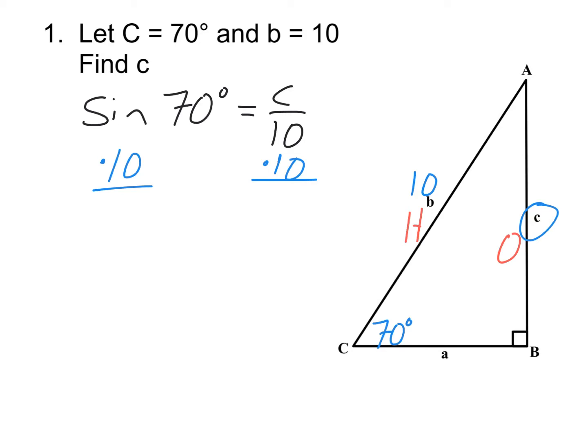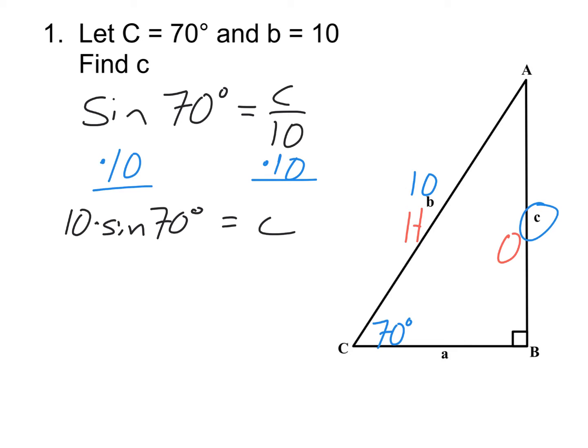So when I write this out now, I write it as 10 times sine of 70. And that happens to equal c then. So 10 times sine 70 equals c. Now I can do that calculation. Depending on what type of calculator you're using will change how you type it in.